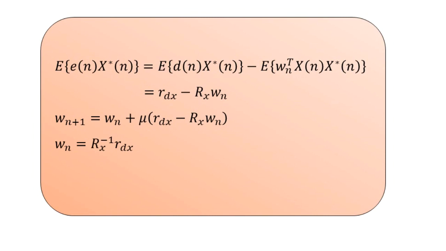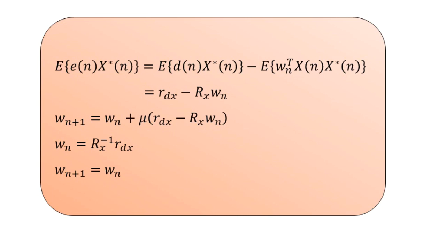Therefore the correction term will be equal to 0 and w suffix n plus 1 will be equal to w suffix n for all values of small n. Now it will be of great interest how the weights evolve in time, beginning with an arbitrary initial weight vector denoted by w suffix 0.